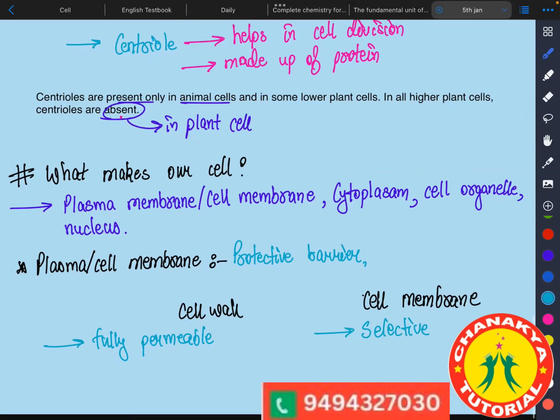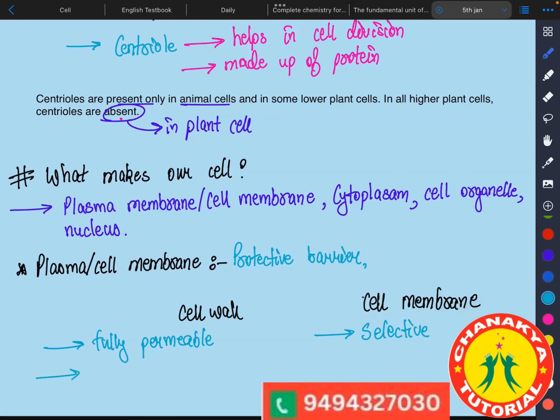Cell membrane is selective. Okay, the cell wall is mainly present in plants. This is also a major difference. Cell membrane is present in all cells. The cell wall provides structural support, whereas the cell membrane acts like a protective barrier from outside.